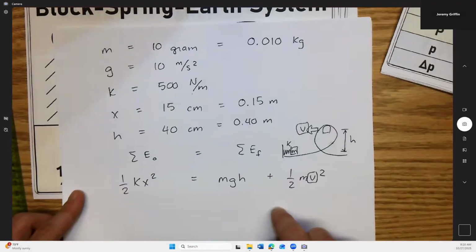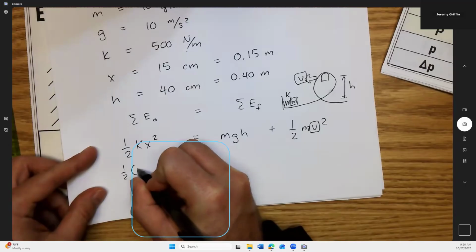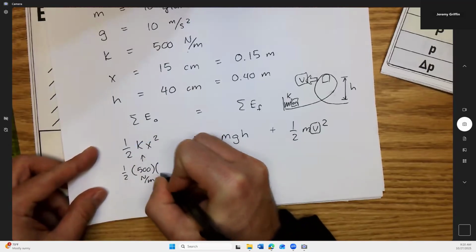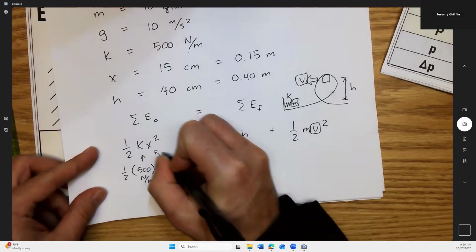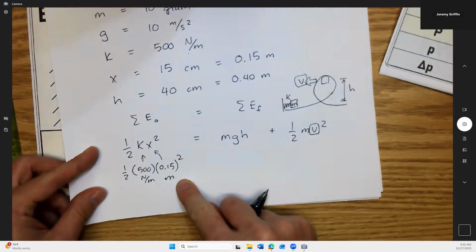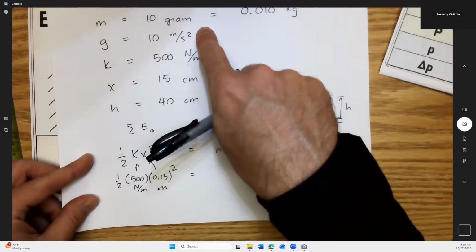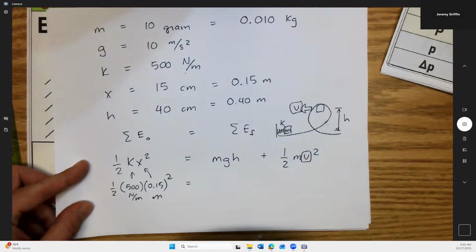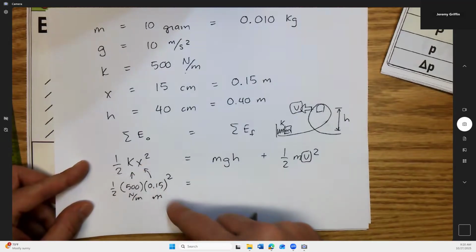All right, so let's put these numbers in. So you got 1/2. The K is 500, that's Newtons per meter. This x is 0.15, that's meters, and that's being squared. Then, guys, does the mass actually cancel out on this one? Yes or no? It does not. Normally, when a spring is involved, the mass does not cancel out because the mass is not part of that expression.